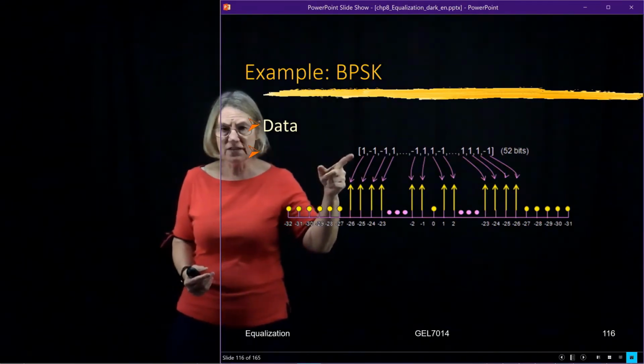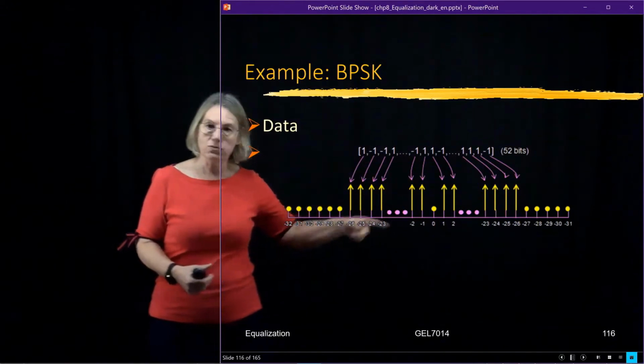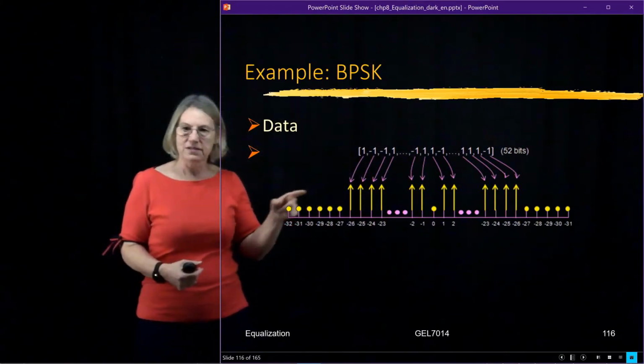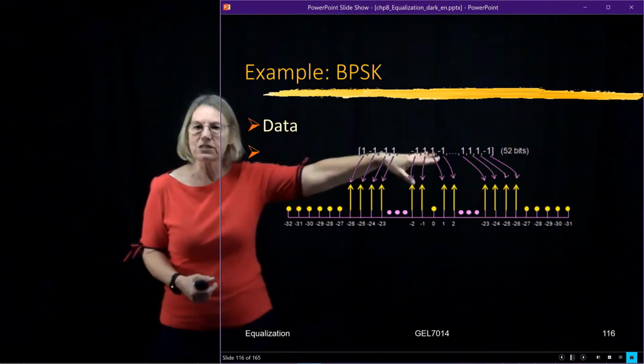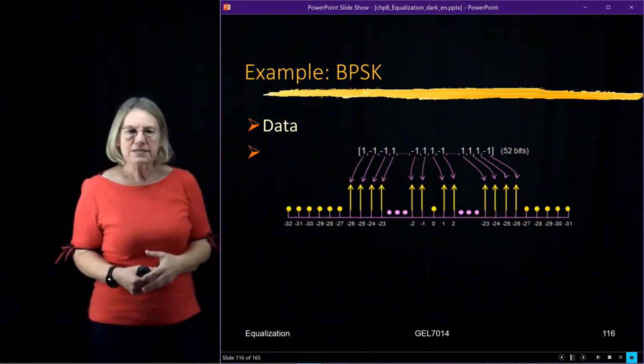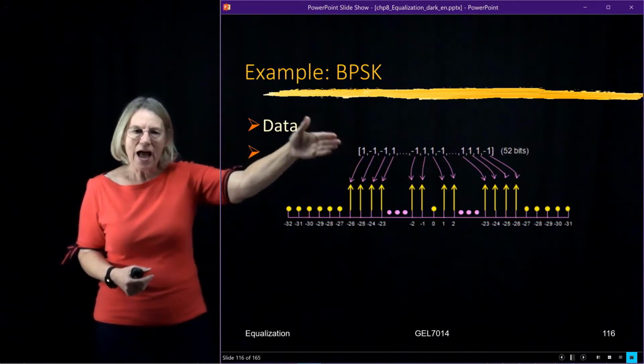I think of each one of these bits being assigned to one subcarrier. The next 52 bits will be assigned, again. That'll be the second data stream. Before, in my illustration, I was using 8. Here it's 52.